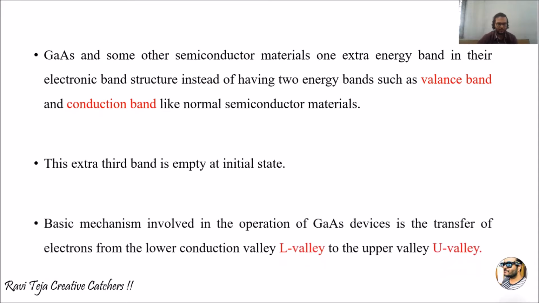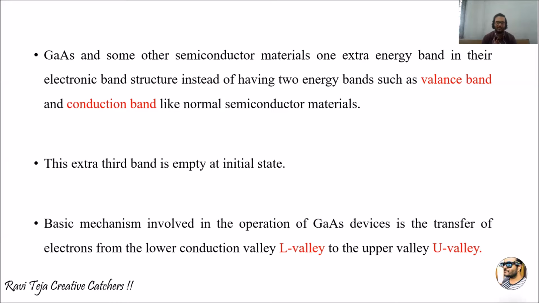Now, the whole mechanism involved in the operation of gallium arsenide devices transfers the electrons from the lower conduction valley, which we are calling the L valley, to the upper valley, which we are calling the U valley. So there is an extra band in our gallium arsenide devices to explain the two-valley band theory, apart from the valence band and conduction band.